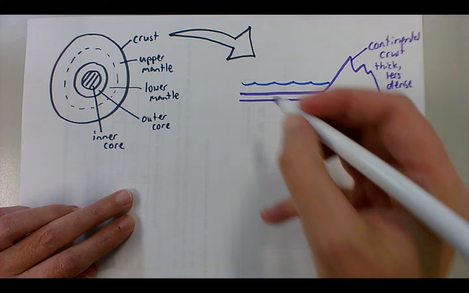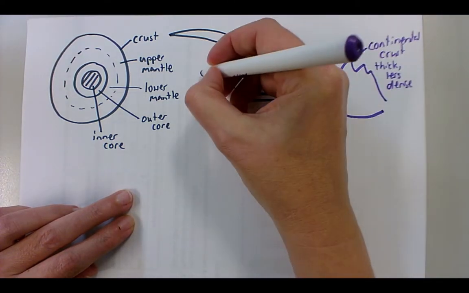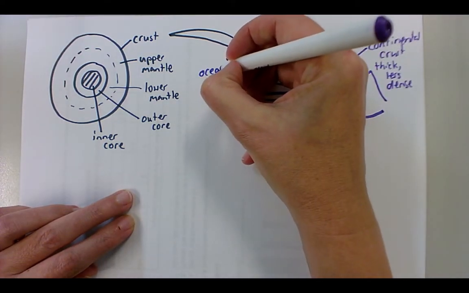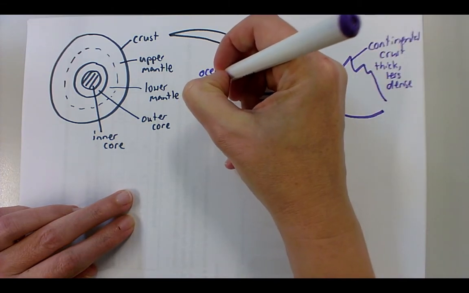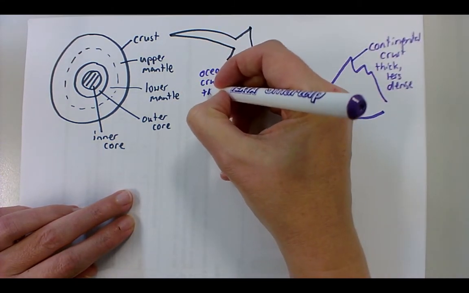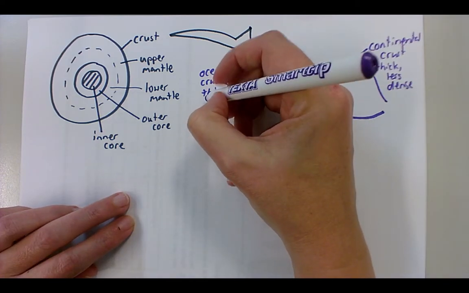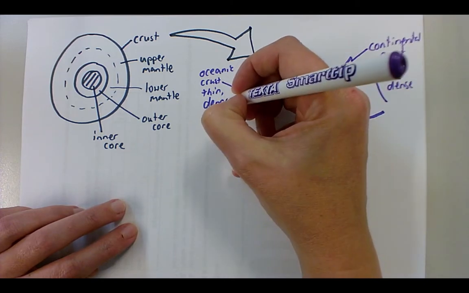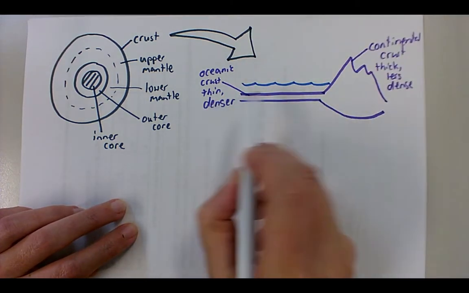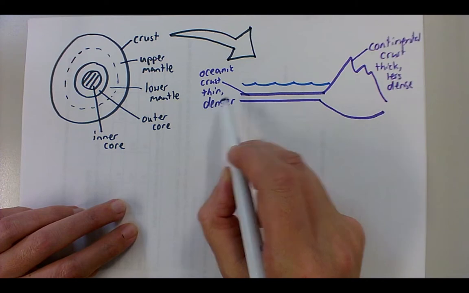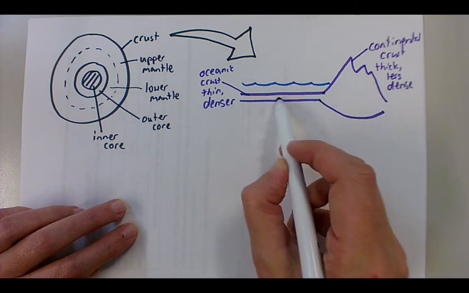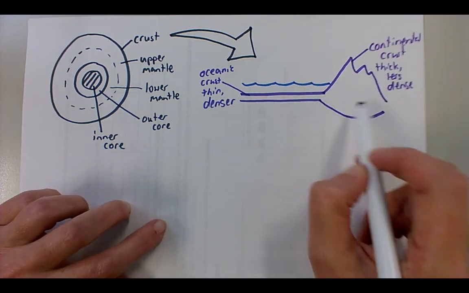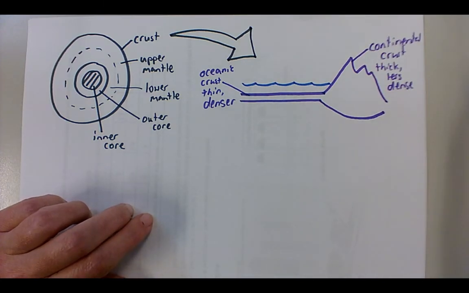The oceanic crust, which is this bit, is the stuff that sits underneath the water, oceanic crust, and that is thin and it is denser. And when I'm talking about the densities, I'm talking about comparative densities. This crust here is more dense than this crust here. Okay, so that is the structure of the crust in really basic terms.